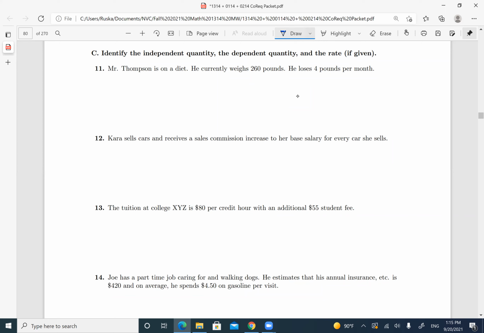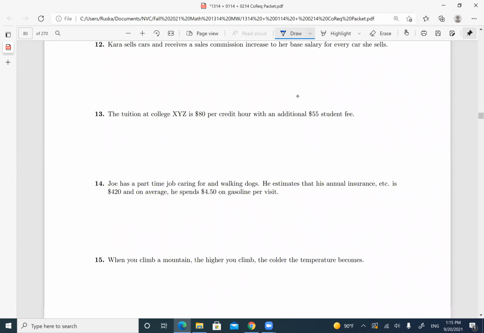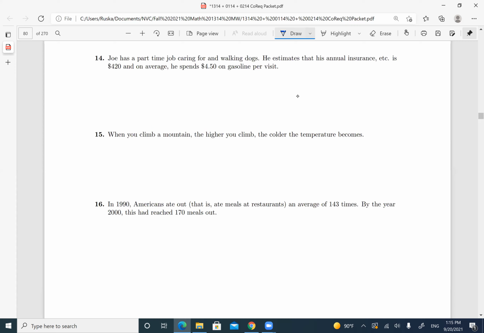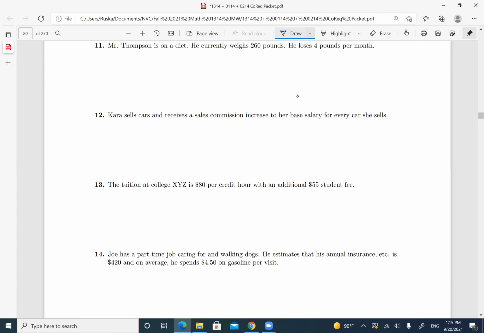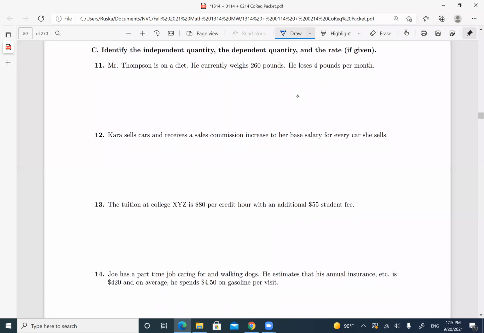Okay, so let's read one or two of those. Let's see which one you want to do first. 11, 12, 13, 14, and 15. So 11 to 14, which one do you want to do? 14, okay.